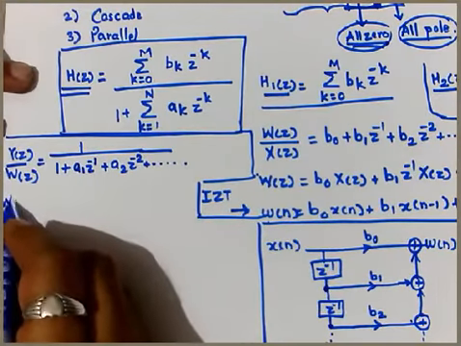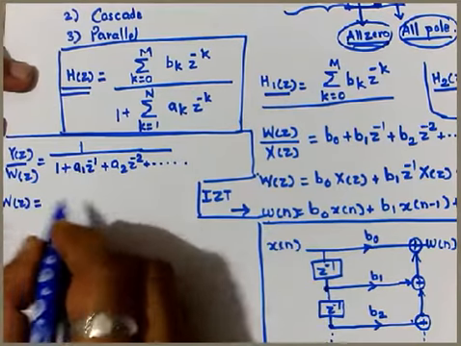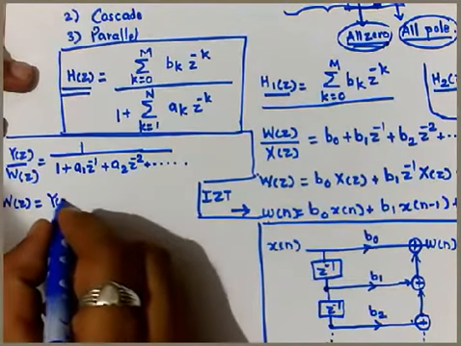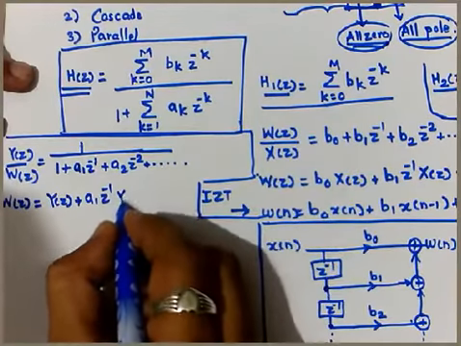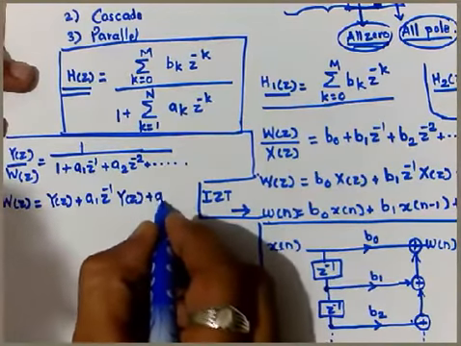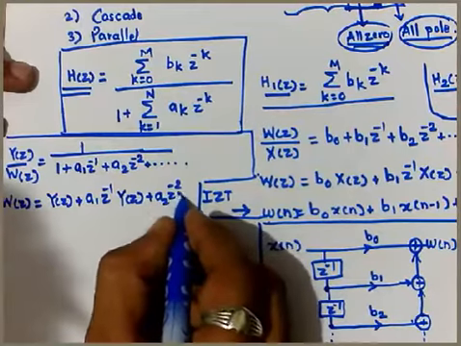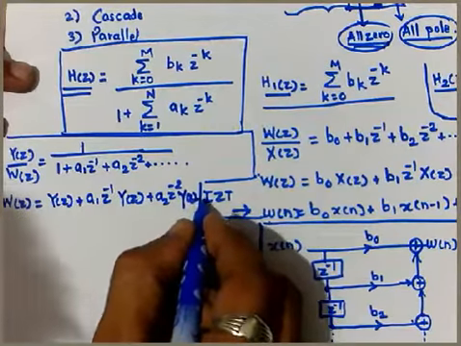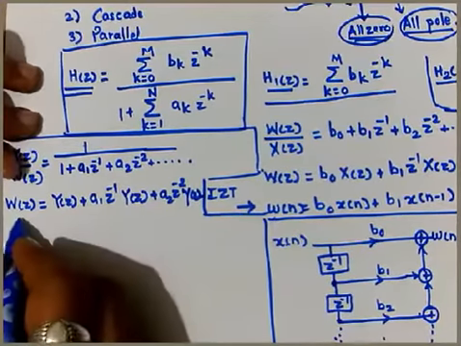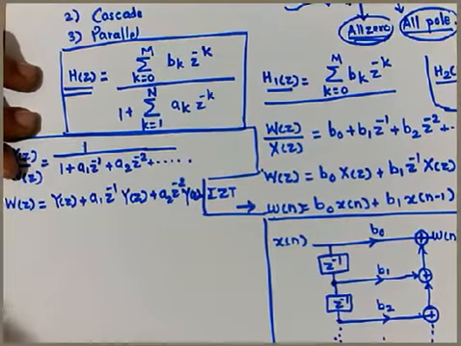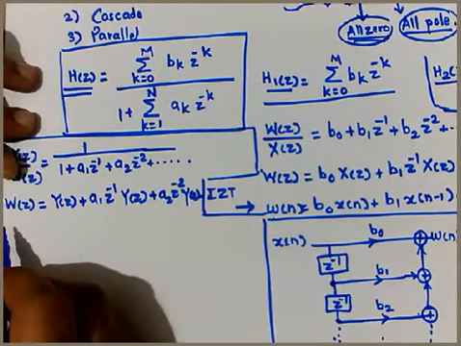Now let's write it. So this will become W(z) is equal to Y(z) plus a1 z inverse Y(z) plus a2 z raised to minus 2 Y(z) plus dot dot dot. Now what is this W(z)? Let's take the inverse z over here, or rather actually we are interested in y(n).